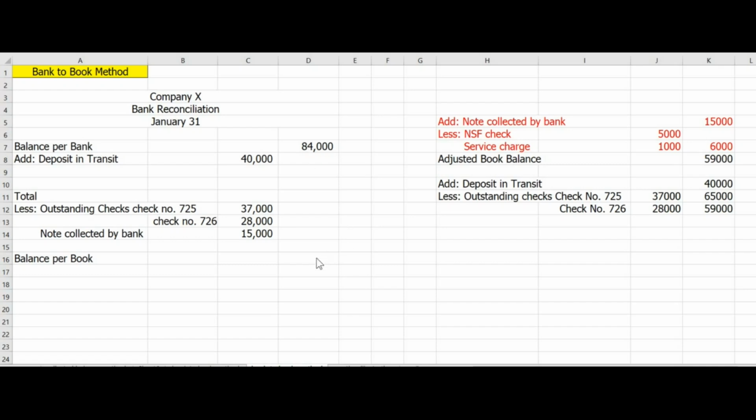Pero per book, wala pa man yan na-recognize. So, since our objective is to bring the balance of your bank equal to your book balance, so that's why we have to add them. So, add natin dito ang NSF check. So, yung amount ay 5,000 and yung service charge ay 1,000.